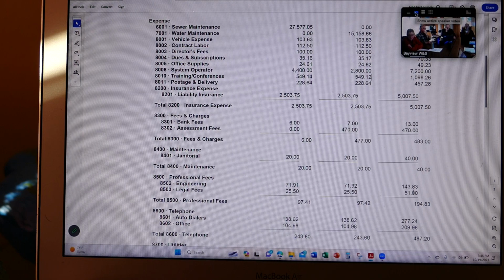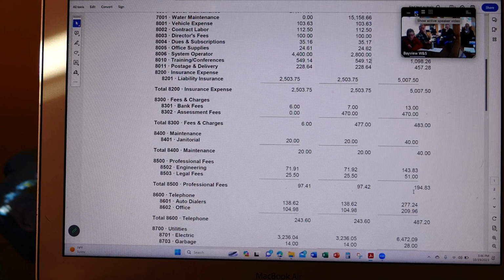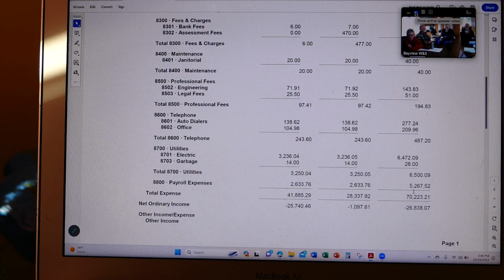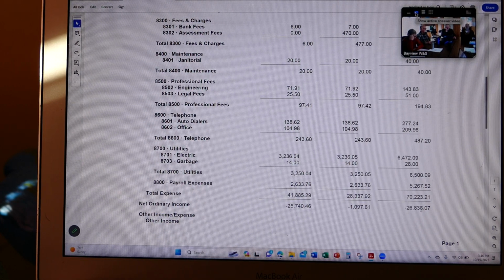And utilities, electric, garbage, payroll. In total, it shows for this month we paid about almost $27,000. So, any questions on any of the financial reports, either that I sent in the email or what I'm showing here?